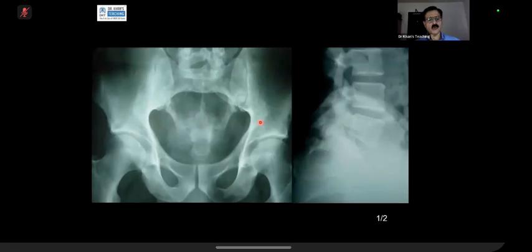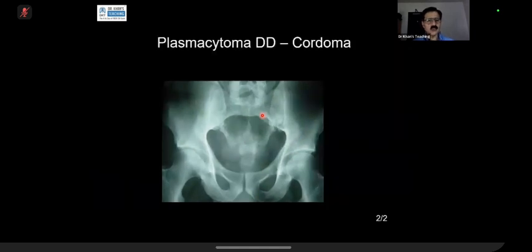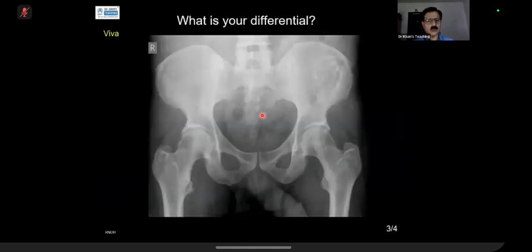So the learning point here is that when you see a lesion of the clivus, or the other end of the notochord, which is the sacrum, chordoma must be kept in the differential. So this was a plasmacytoma, but chordoma.